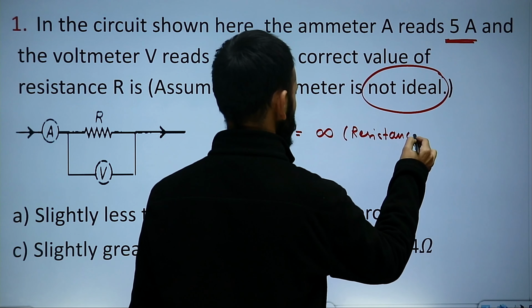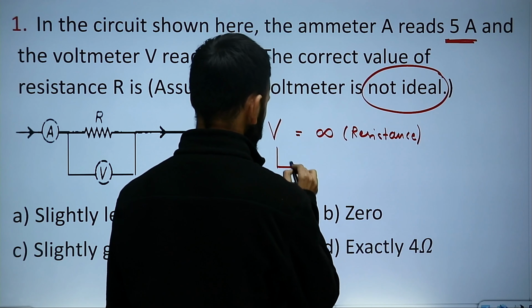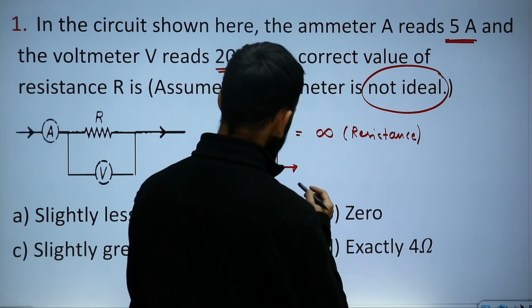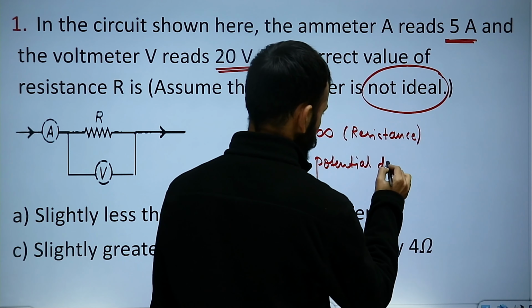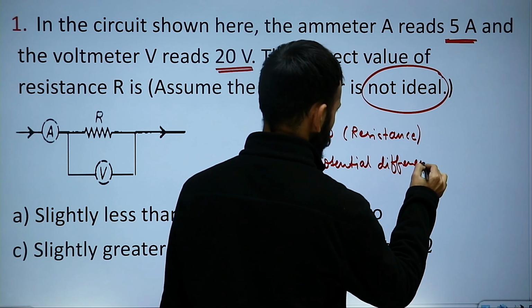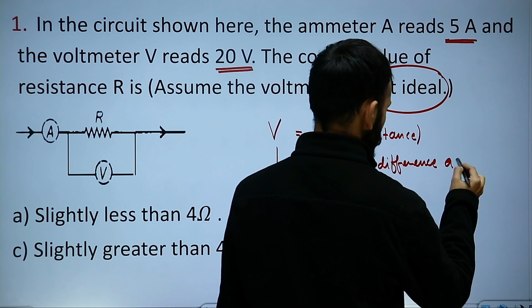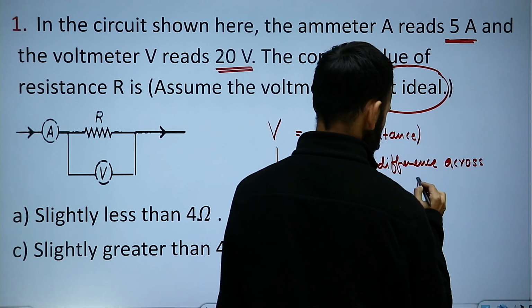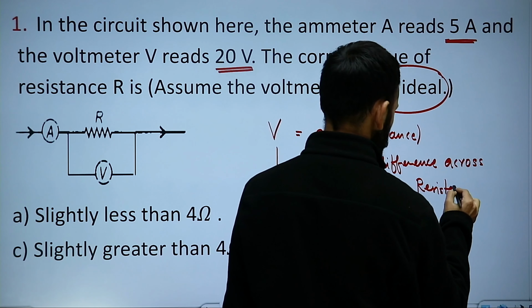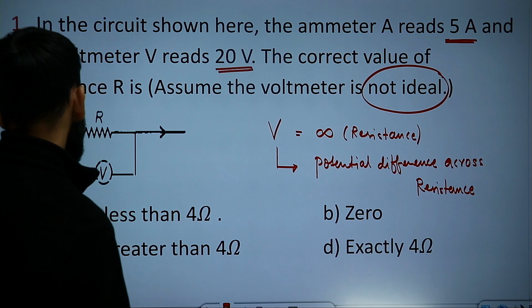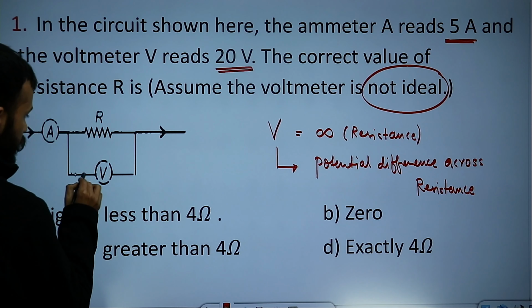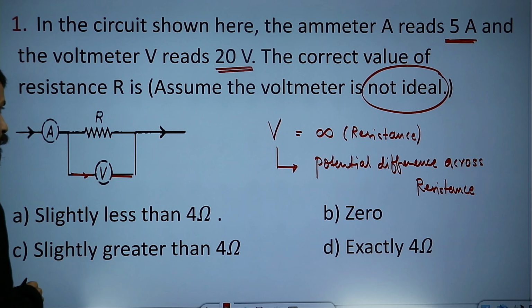A voltmeter measures the potential difference across the resistance. So if this voltmeter is not ideal, a small current will pass through the voltmeter, out of the overall current, which is 5 ampere.